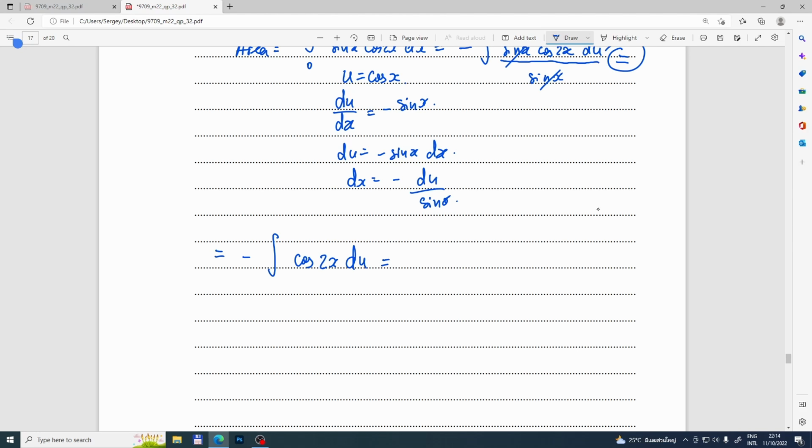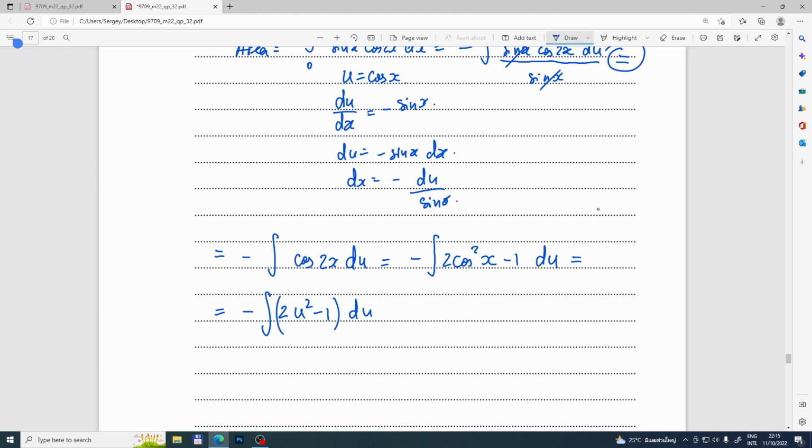I will use the double angle formula. And get 2 cosine squared x minus 1 du. Now, using the substitution, we'll get 2u squared minus 1 du.